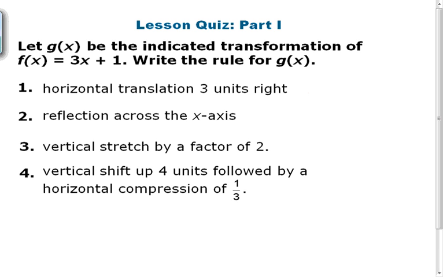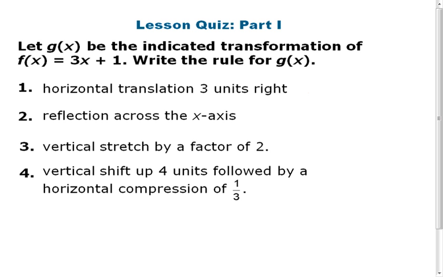So little quiz, see if you can figure out what exactly is going on. Horizontal translation 3 units to the right, what might that look like? Then we have a reflection across the x-axis, a vertical stretch by a factor of 2, and a vertical shift up 4 units.